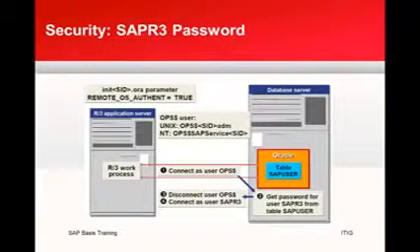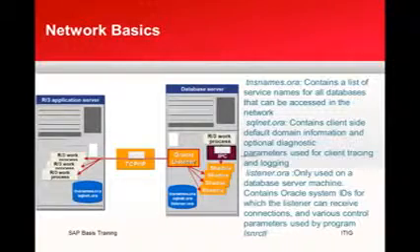Okay, so let's go to the next topic. We have seen different users, and we have seen how the SAPSR3 password is working. In this slide I am showing the listener processes, that is how the listener is interacting, what the listener we need to define, and which are the different key files.